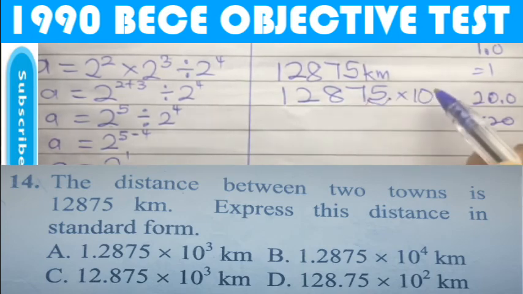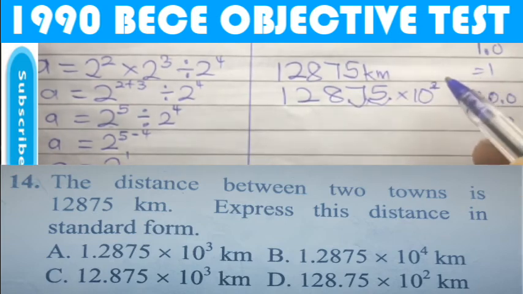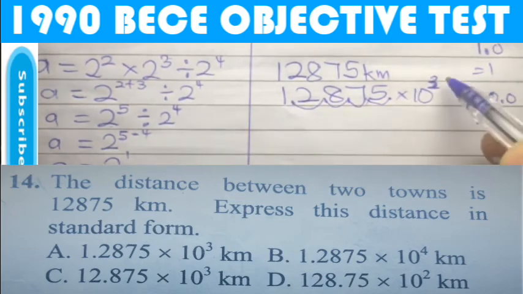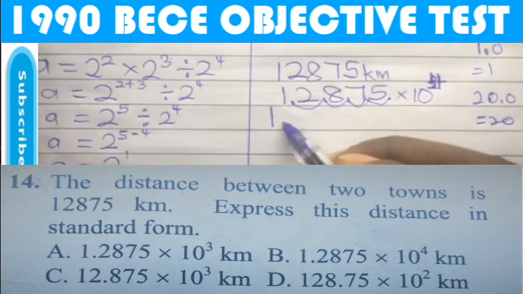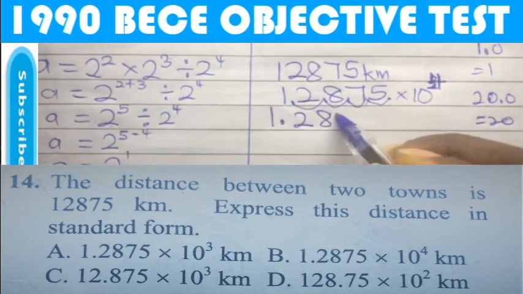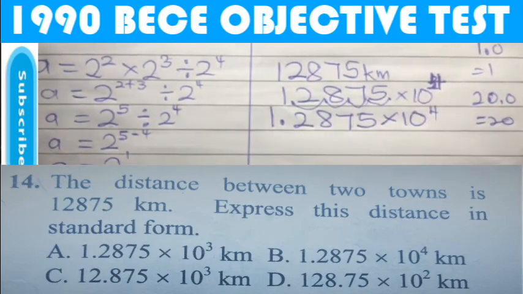We have multiplied it by 10 exponent 1. Then we move it a second time, it is times 10 exponent 2. A third time, times 10 exponent 3. The fourth time, times 10 exponent 4. So this is what we have right here: 1.2875 multiplied by 10 exponent 4.